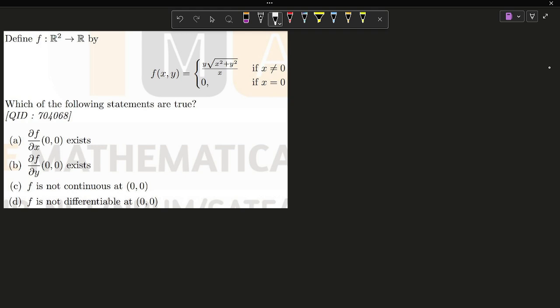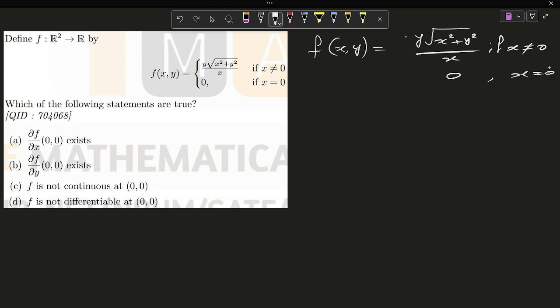Define f from R square to R. Then f(x, y) is y times root over x square plus y square by x if x is not equal to 0, and 0 for x equal to 0. So this is my given function.